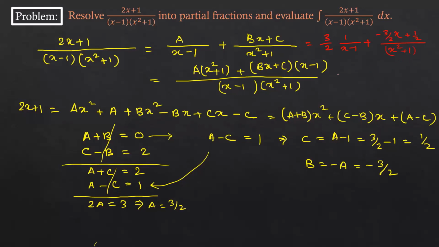That means you have 3 by 2 into 1 by x minus 1. If you take the minus outside and make an LCM over this 2, you have 3 of x minus 1 by x square plus 1. Am I right here? Yes, sir.